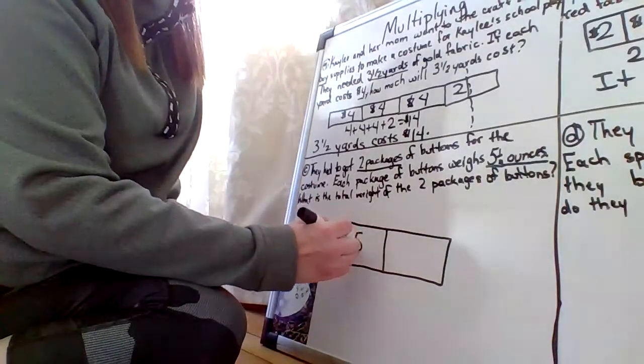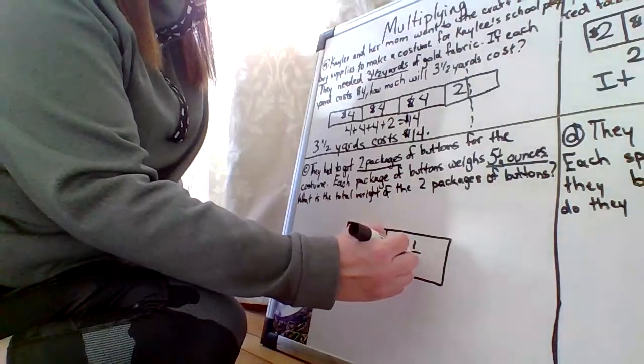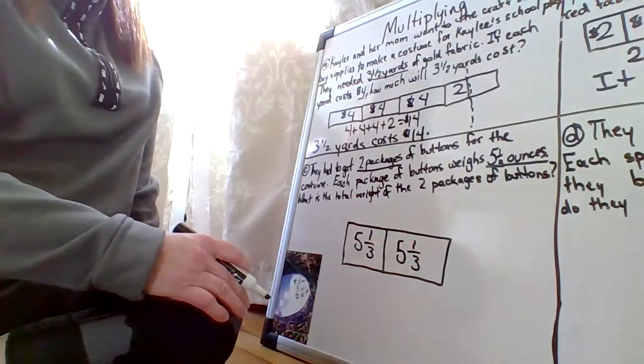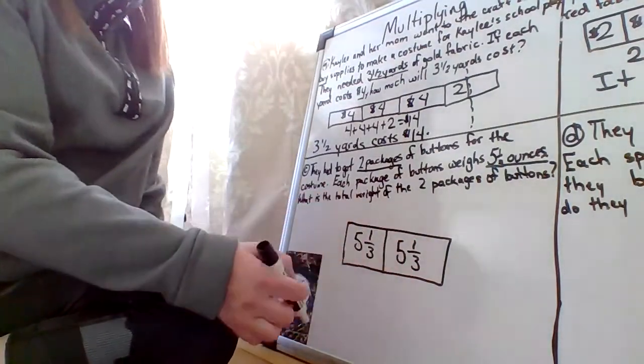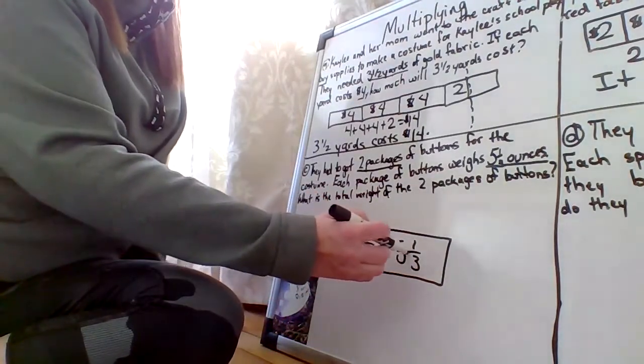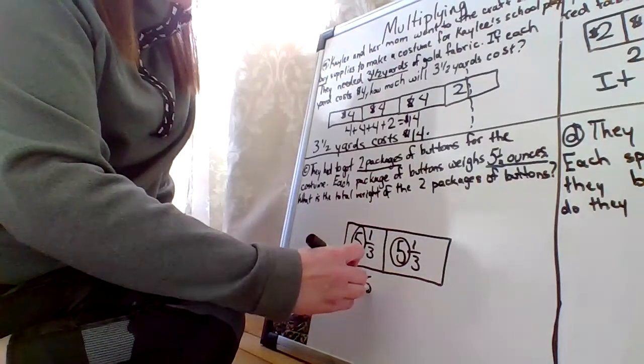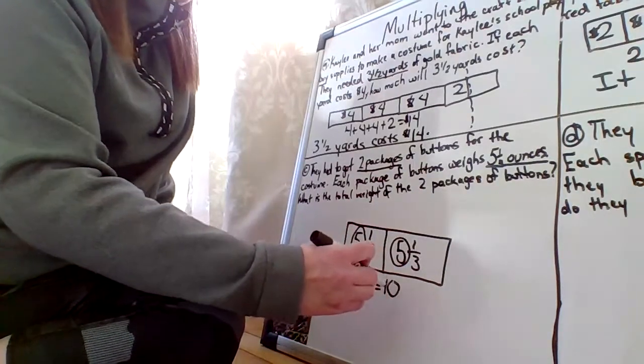The first one is worth 5 1/3. The second one is worth 5 1/3. So we have to figure out what is that all together. I'm going to take the whole numbers 5 and 5 and add them together. 5 plus 5 equals 10.